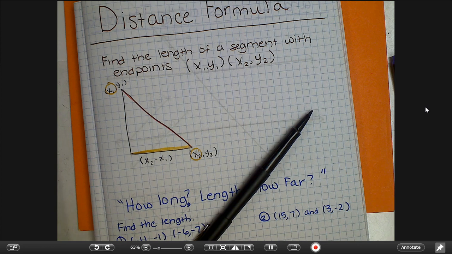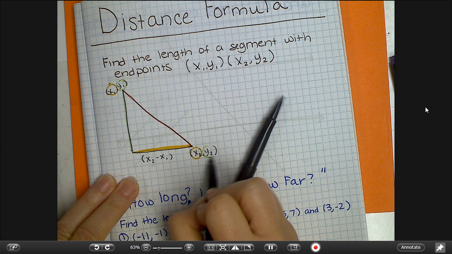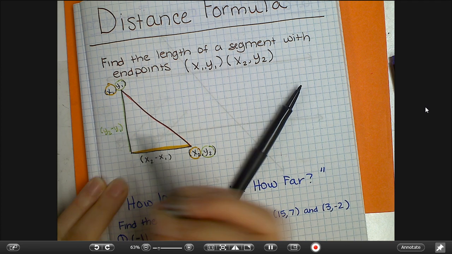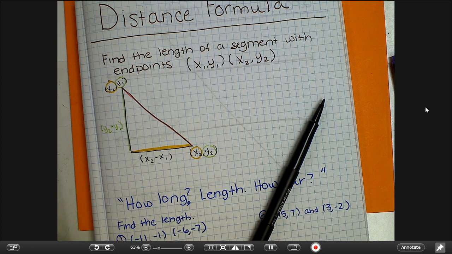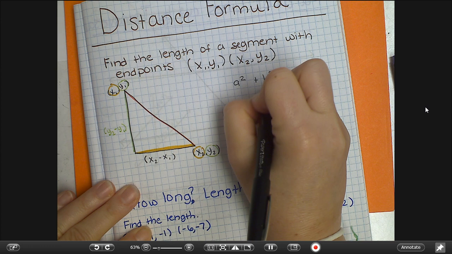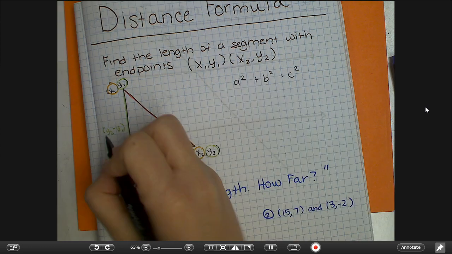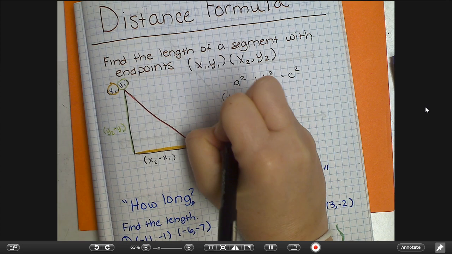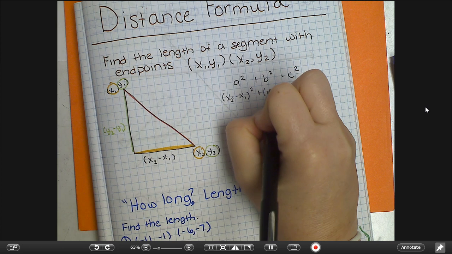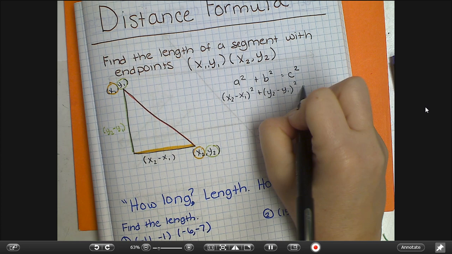We're going to do the same thing with our y's. We want to know how far apart they are, so we take the difference. Then we need to use the Pythagorean theorem. So the first one is x2 minus x1 squared plus y2 minus y1 squared equals c squared.